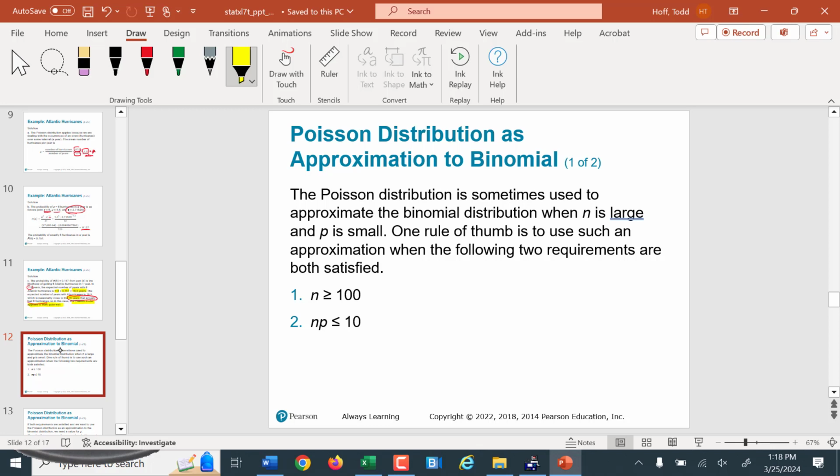And the probability tables for each value of n, for each number of trials, you have to have a different table. So literally they had books and books full of probability tables for the binomial distribution. Well, if you wanted a large number, you would have to add up a lot of numbers together to get to that. That's why we use the normal approximation that we saw back in week 5.